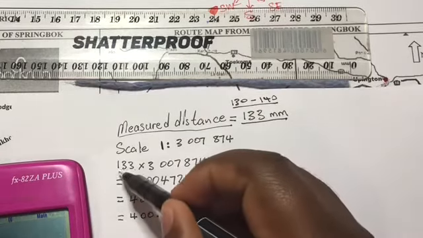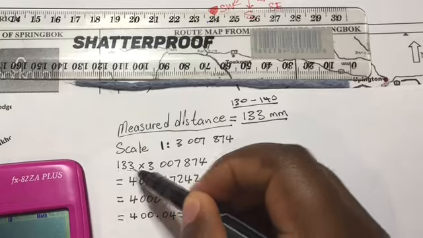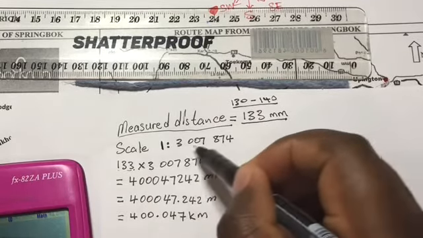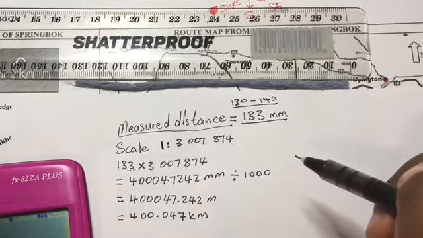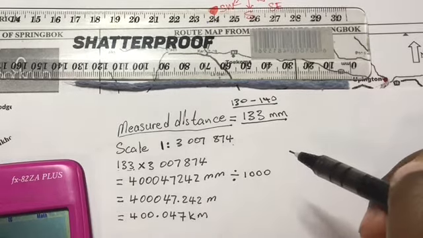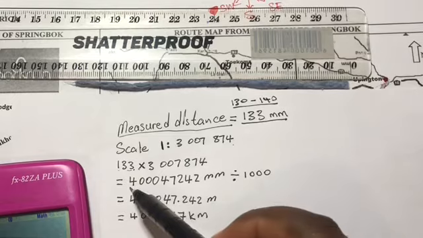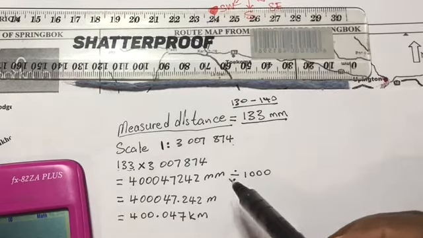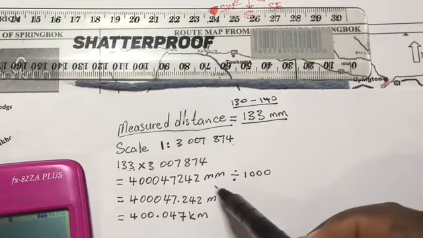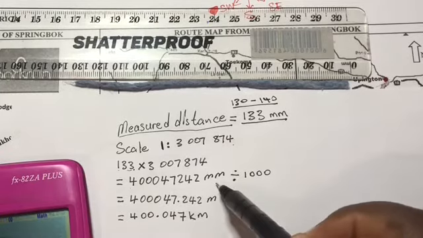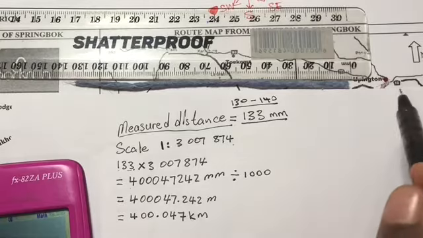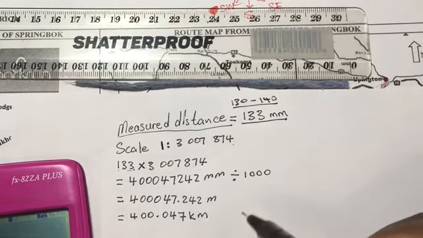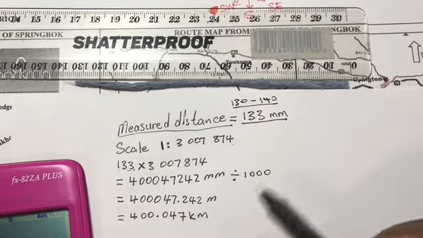So now I've measured 133 units, so I multiply that by this unit from the scale. The answer that I get, which is this value in millimeters, is the actual length from Upington to Springbok in millimeters. So that's the first step.